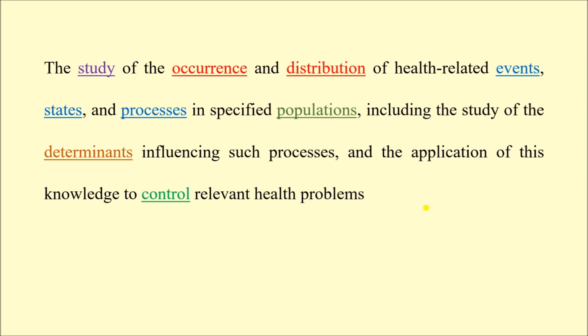That means whether any particular gender is suffering more from a particular disease, whether a particular age group is suffering more, like this, any particular occupation. Maybe this occupation has some role in occurrence of the disease. So, these are person distribution.